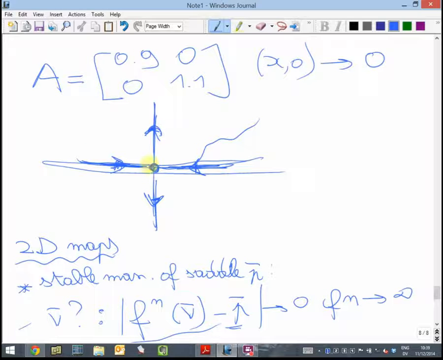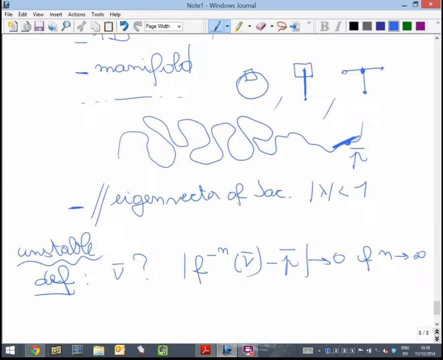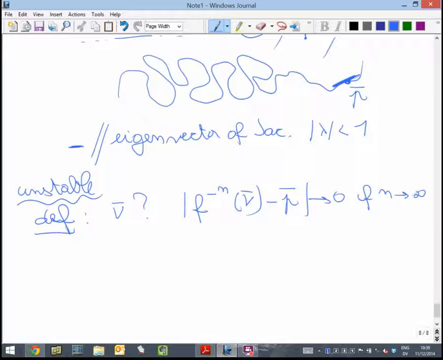You will run away from your saddle points, either towards infinity or a chaotic attractor or whatever. But if you run that movie backwards in time, if you apply the map f^-1, the inverse map, an infinite number of times, you should get back to the saddle point. That's because it's, in this case, an unstable saddle point. So this is a slight technicality in order to come up with a definition for the unstable manifold, because the limit of f^n in this case is not necessarily defined.